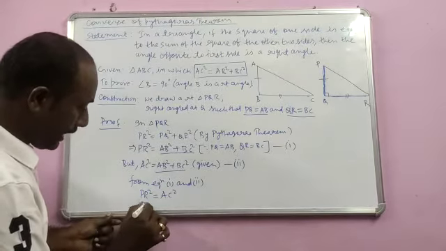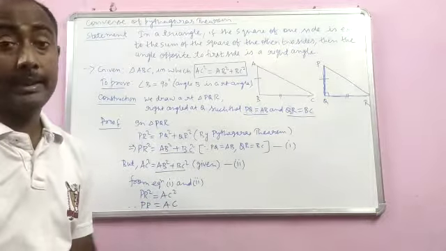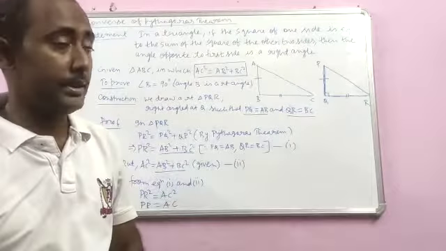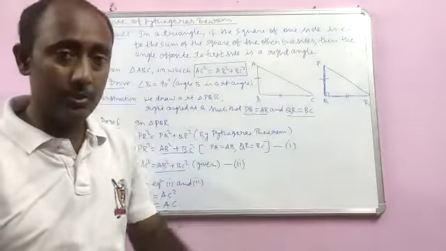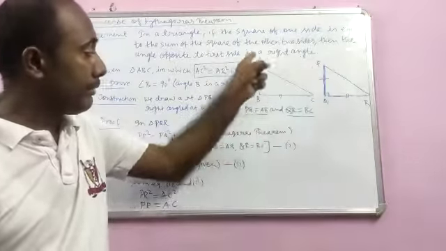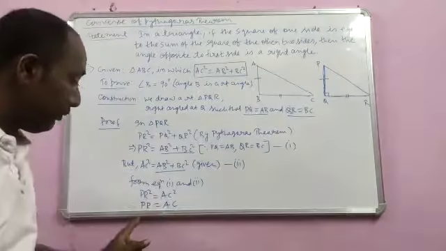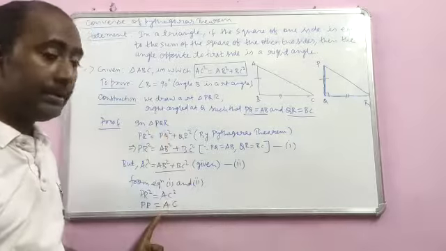So therefore PR becomes equal to AC. What does it mean? It means that if we go for such kind of construction where we have considered a right triangle PQR right angled at Q, and the side PQ is equal to AB, side QR is equal to BC, then this side PR will become equal to AC. So we got this result.